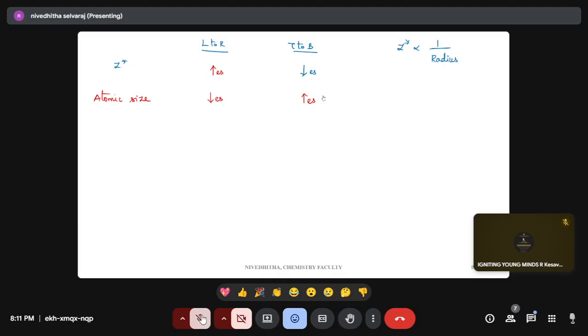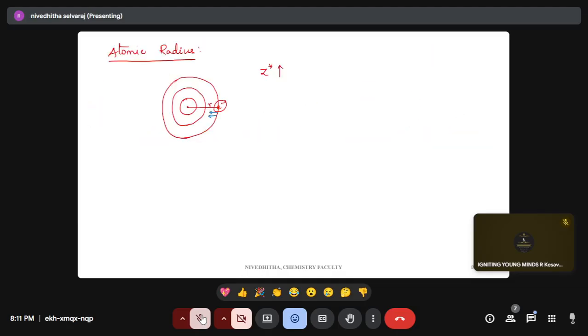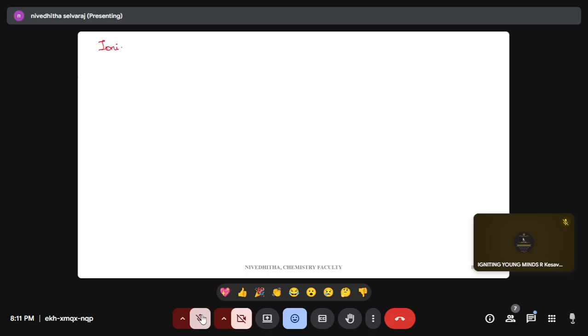Fine. So now we'll move on to the third periodic property, which is called ionization energy. Ionization energy is also called ionization enthalpy, or ionization potential.